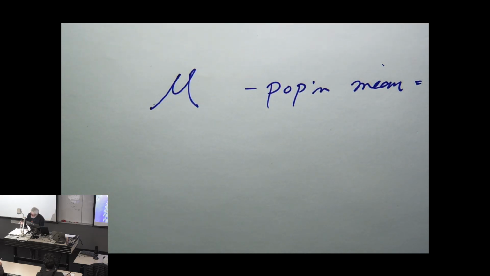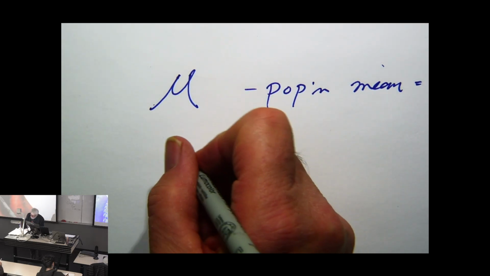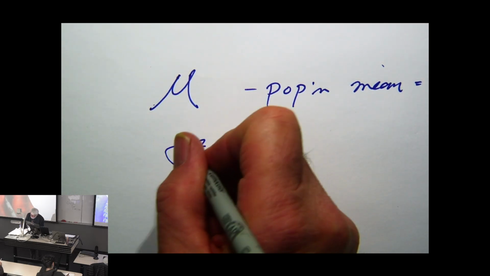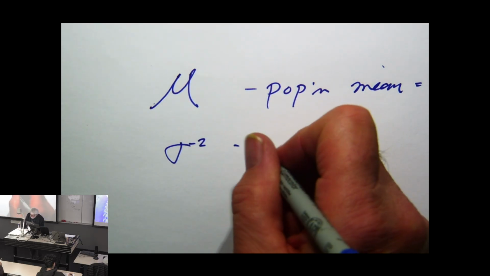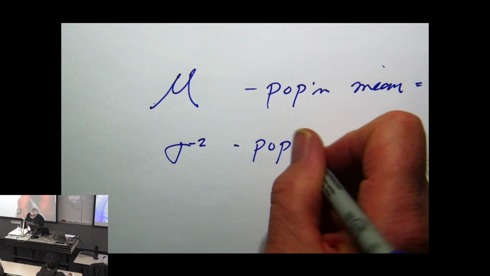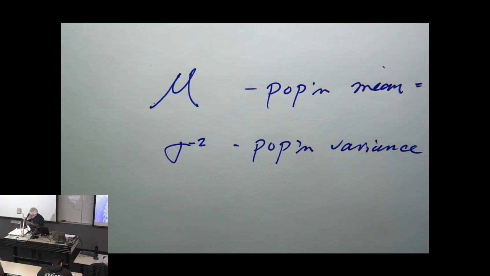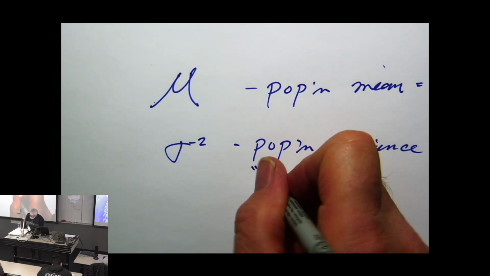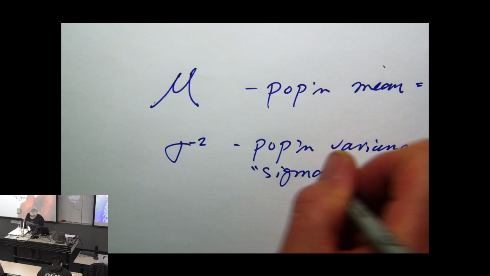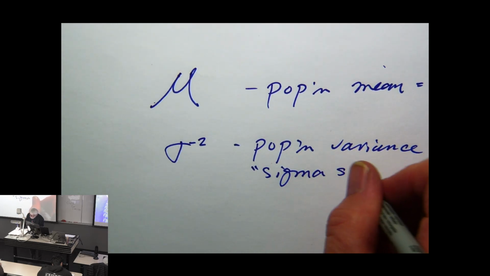And then another one we use as very common is the population variance, which is the Greek letter sigma squared.